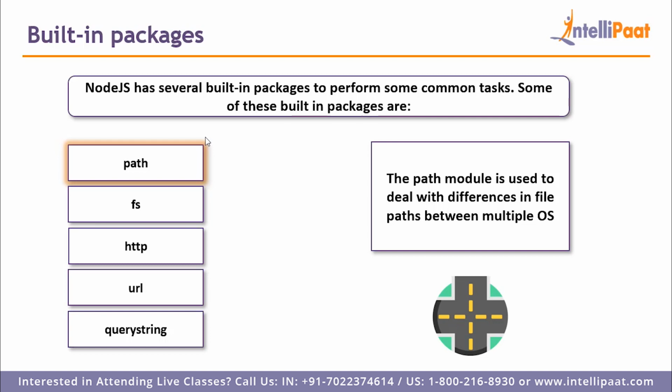So for instance, in Windows, if you want to separate 2 folders on a path, you use 2 backslashes, while on Linux, you use 1 forward slash. These differences are taken care of by the path module. When you want to create a folder structure, or when you wish to create a path to a folder, you could just use the path module, and it will take care of all the discrepancies between the operating systems for you.